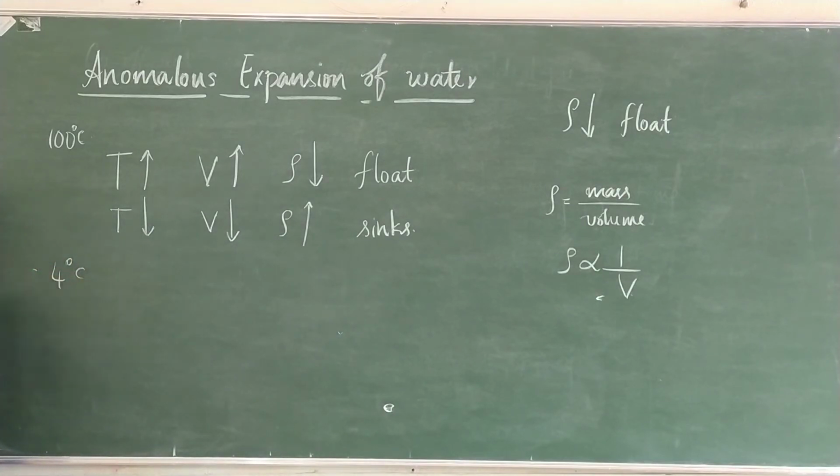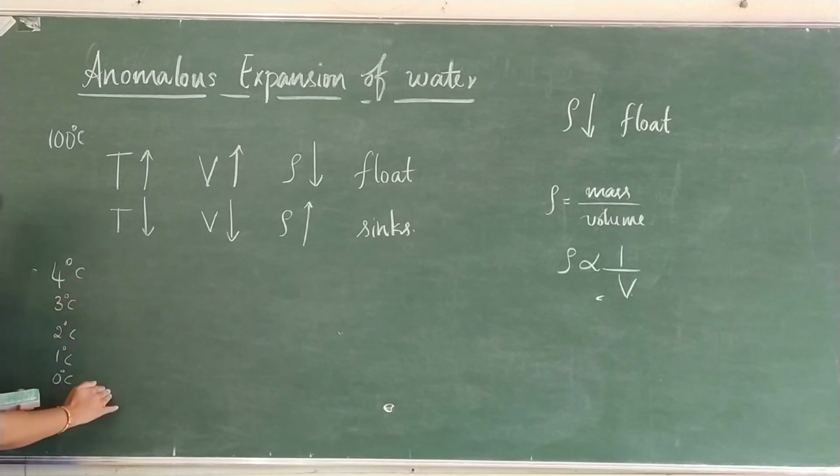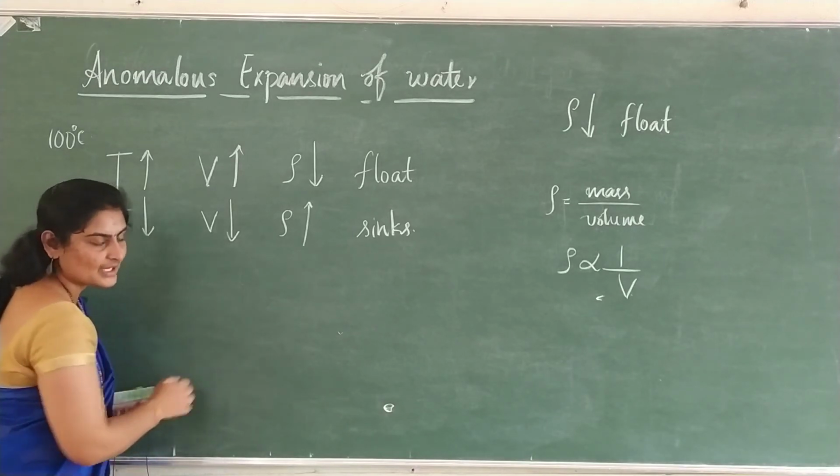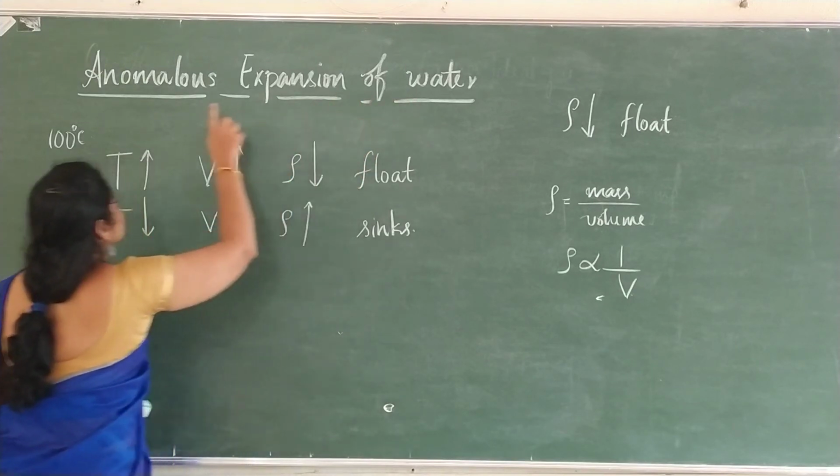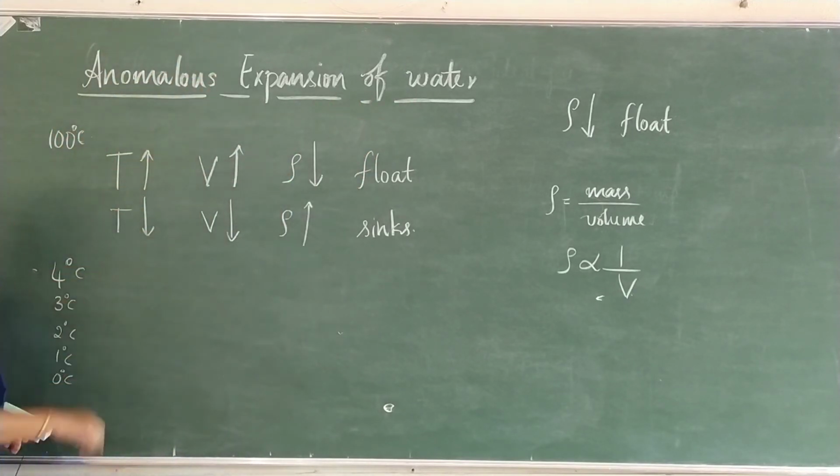ಆಫ್ಟರ್ 4 ಡಿಗ್ರಿ ಸೆಲ್ಸಿಯಸ್, 4 ಡಿಗ್ರಿ ಸೆಲ್ಸಿಯಸ್ ನ ನಂತರ ನಾನು ಕೂಲ್ ಮಾಡ್ತಾ ಬಂದ್ರೆ 3 ಡಿಗ್ರಿ ಸೆಲ್ಸಿಯಸ್, 2 ಡಿಗ್ರಿ ಸೆಲ್ಸಿಯಸ್, 1 ಡಿಗ್ರಿ ಸೆಲ್ಸಿಯಸ್, 0 ಡಿಗ್ರಿ ಸೆಲ್ಸಿಯಸ್ಗೆ ಕೂಲ್ ಮಾಡ್ತಾ ಬಂದ್ರೆ ಆಕ್ಚುಲಿ ಏನಾಗಬೇಕಿತ್ತು? ಟೆಂಪರೇಚರ್ ಡಿಕ್ರೀಸ್ ಆಗ್ತಾ ಉಂಟು, ವಾಲ್ಯೂಮ್ ಡಿಕ್ರೀಸ್ ಆಗಬೇಕಿತ್ತು. ಬಟ್ ವಾಟರ್ ಬಿಹೇವ್ಸ್ ಅನಾಮಲಸ್ಲಿ.